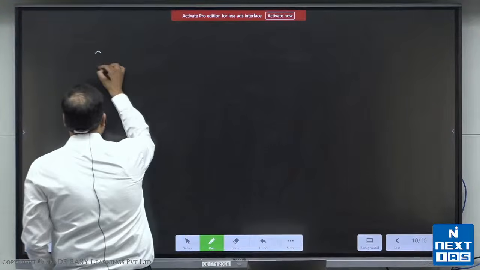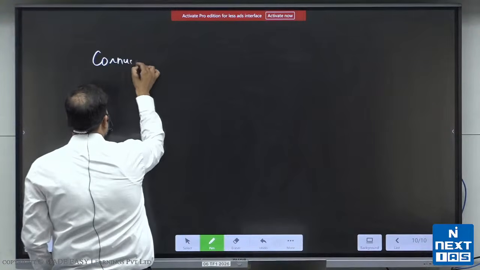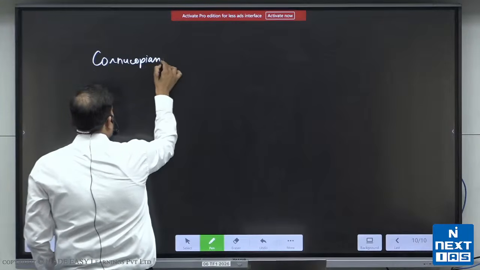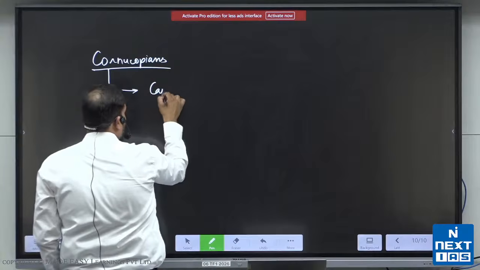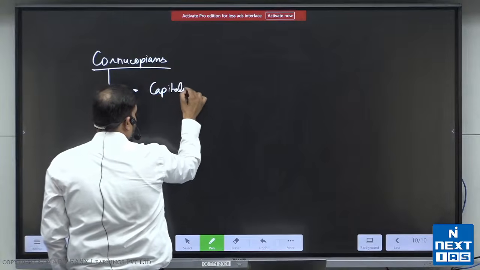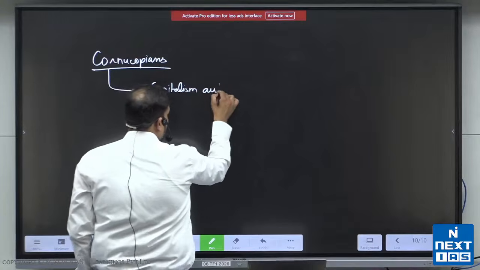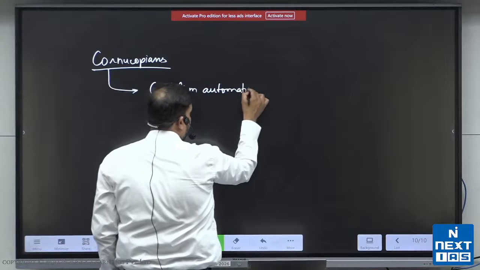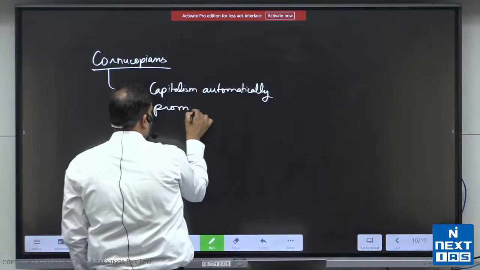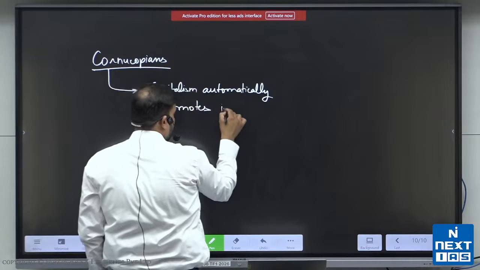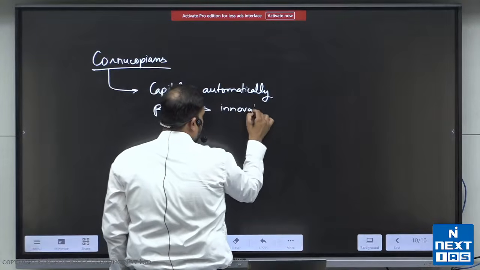So cornucopians believe that capitalism automatically promotes innovation.